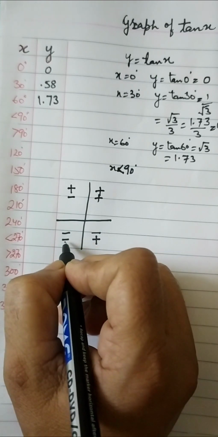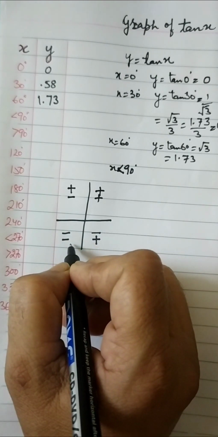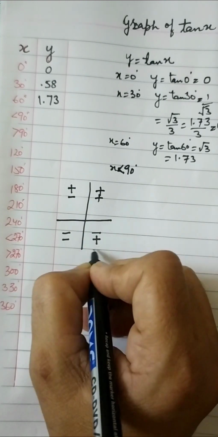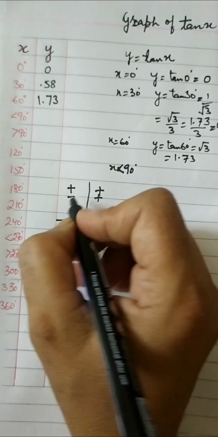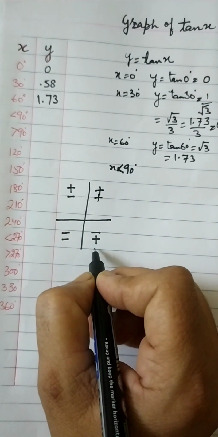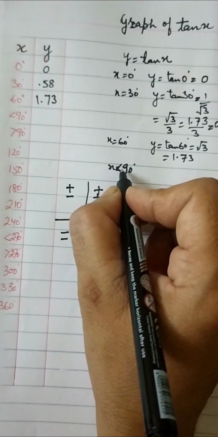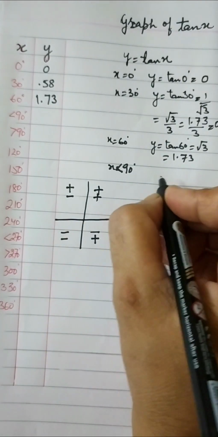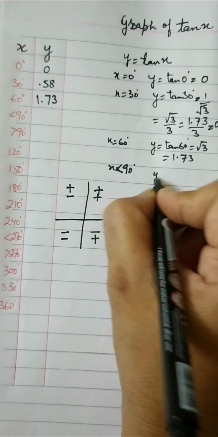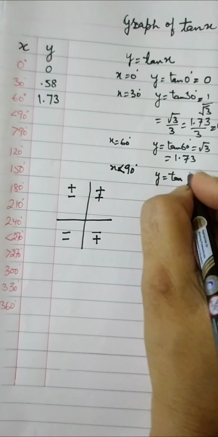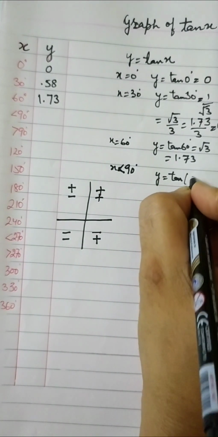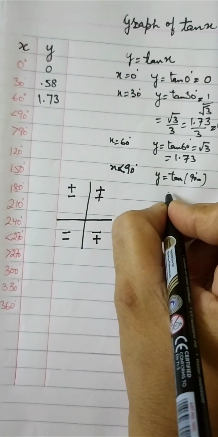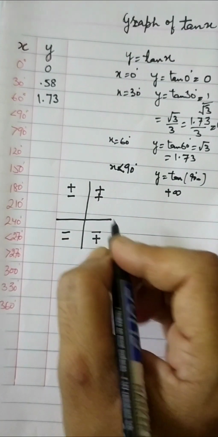Here sine and cos both are negative, therefore tan would be positive. Here sine is negative, cos is positive, so tan would be negative. Tan is negative in the second and in the fourth quadrant. So when x is very close to 90 but less than 90, it is 90 degree minus something, so it is going to be positive infinity.